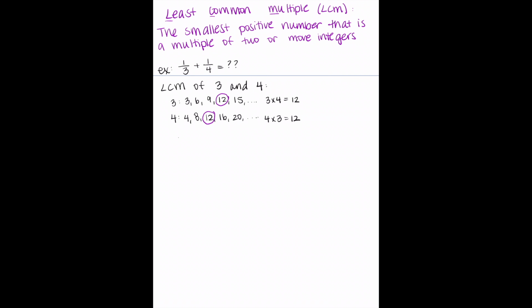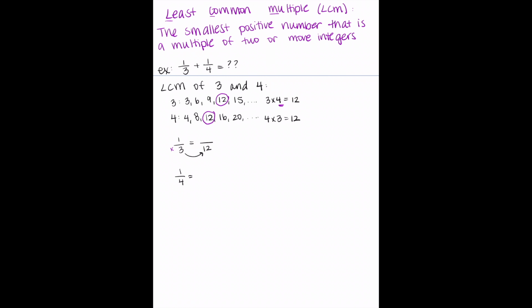So with our least common multiple now, we're going to take the original fraction we were given. So let's look at 1/3. And we want to make the 1/3 and the 1/4 have a common denominator of our least common multiple of 12. So how can we make 3 into 12? We would multiply by 4, right? That's why we wrote the times 4 up there.